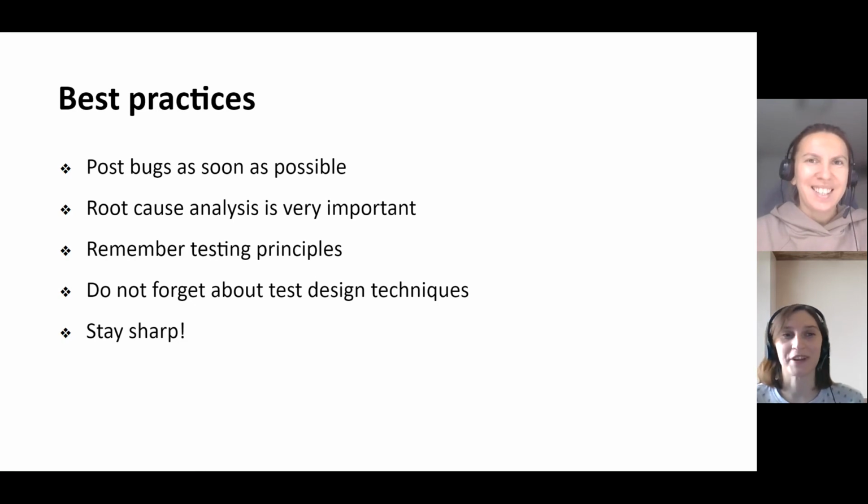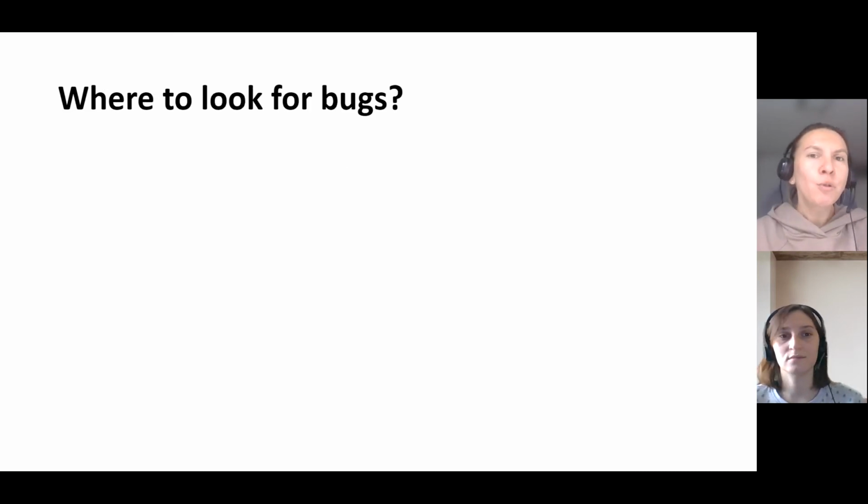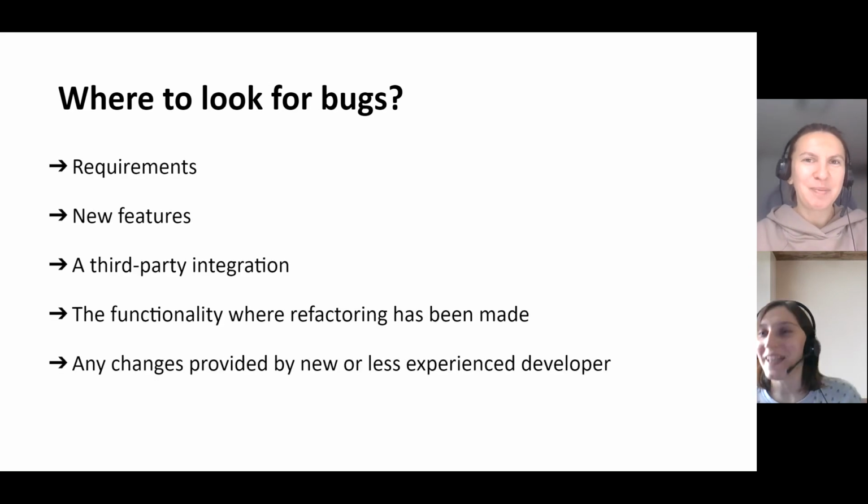Yeah, absolutely agree. So this was about best practices, but we also have a question of where to look for bugs. So where to apply these best practices actually? And we should start for sure from the requirements. Requirement analysis is the best example of early testing.